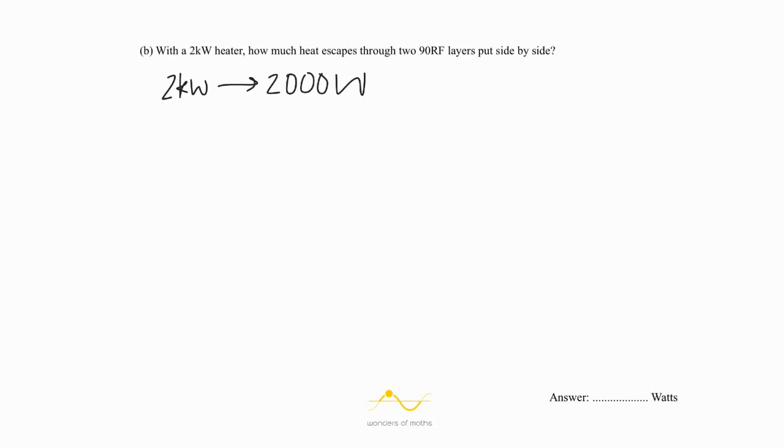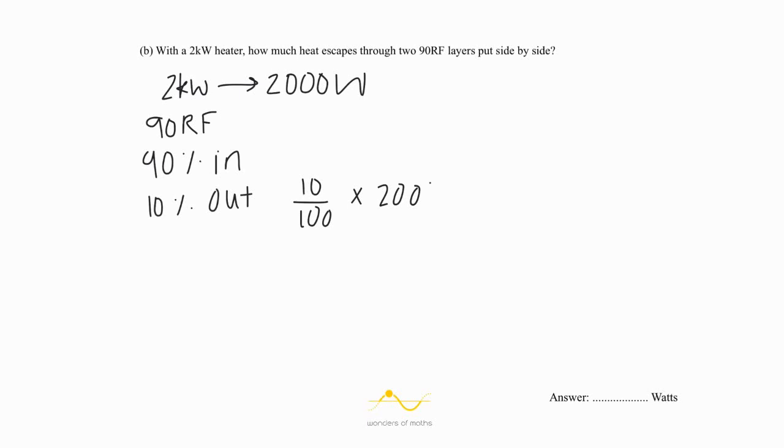The first layer is 90 RF, which means that 90% of all of those watts is staying in, and 10% is being let out. So we need to do 10%, or 10 over 100, of 2,000, which gives us 200 watts.